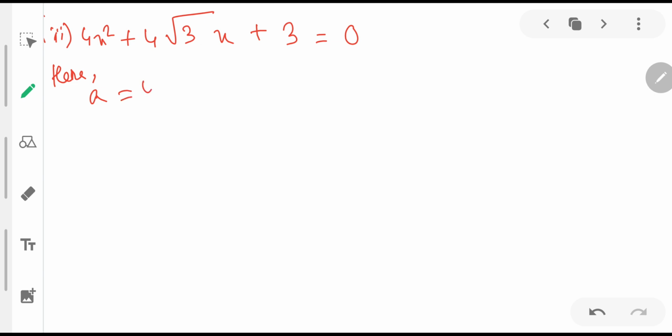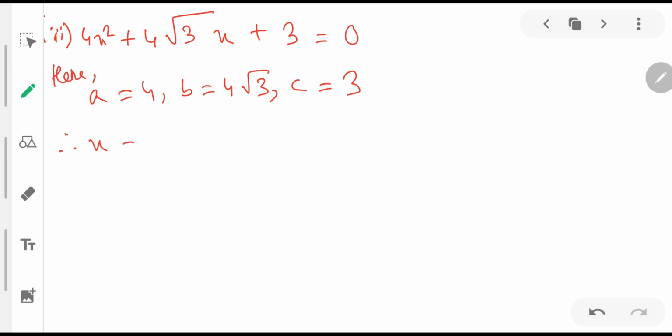Let us go to the third problem, which is 4x square plus 4 root 3x plus 3 equals 0. At first we will extract a, b and c. Here a is 4, b is 4 root 3 and c is 3.